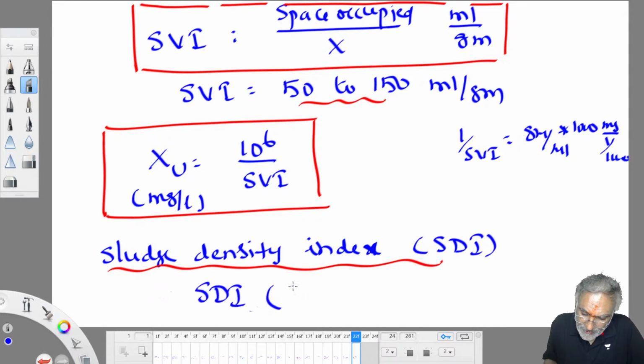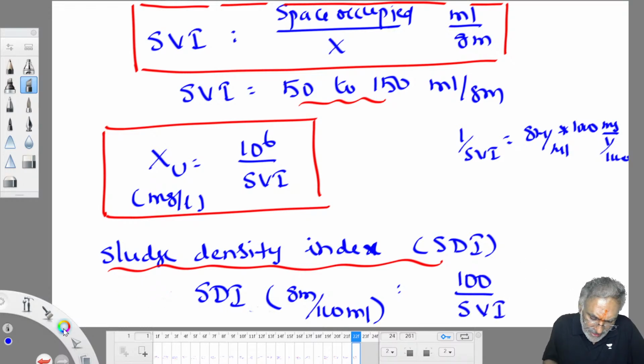Gram per 100 ml. If you just invert sludge volume index, which is ml per gram, you get gram per ml, but you have to work out per 100 ml, so you have to multiply with 100. So 100 by sludge volume index gives you sludge density index.